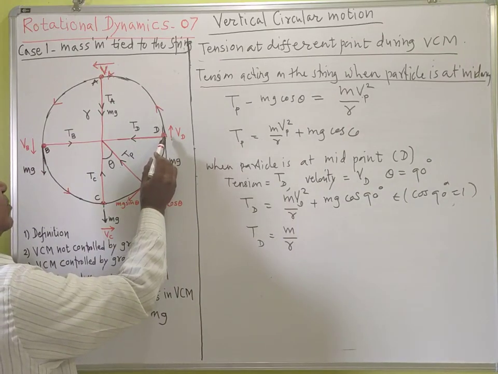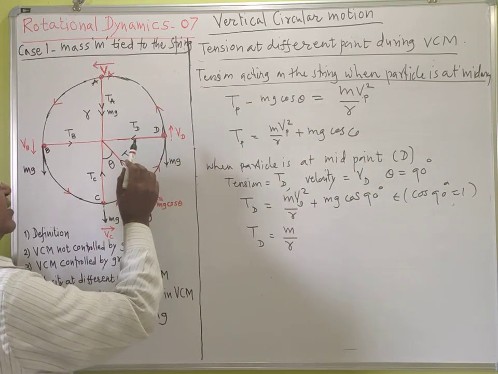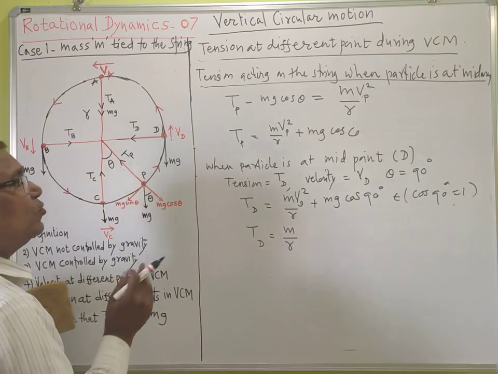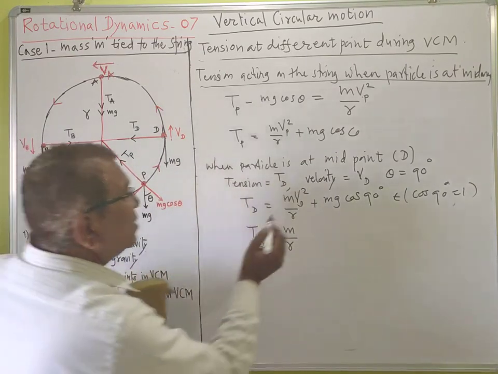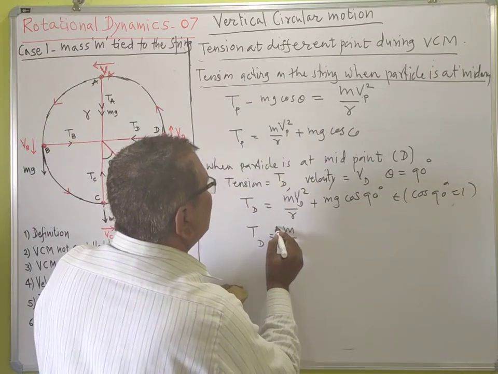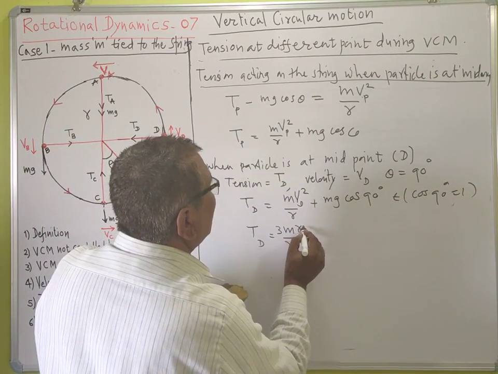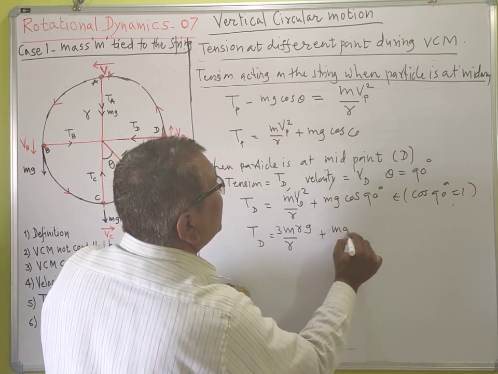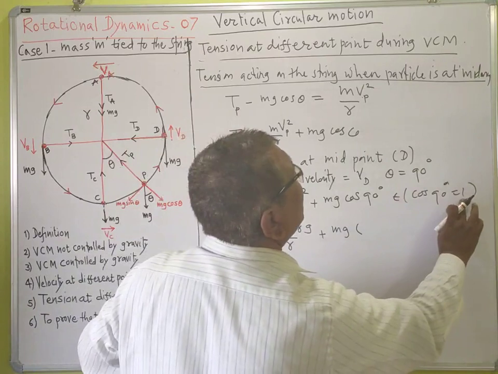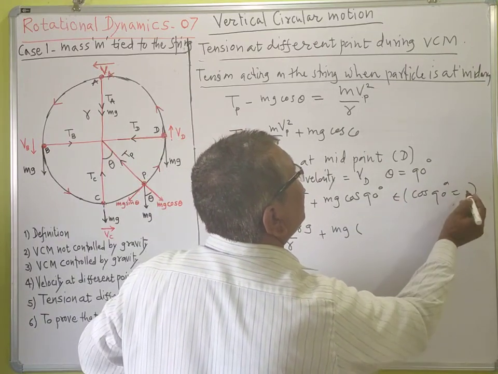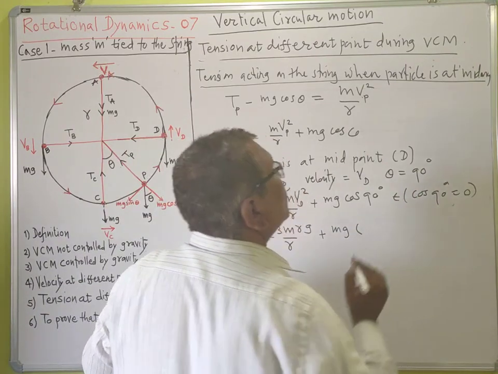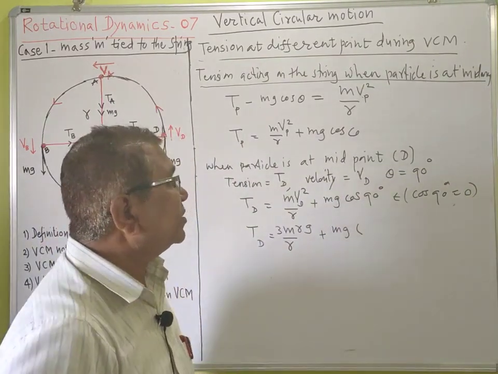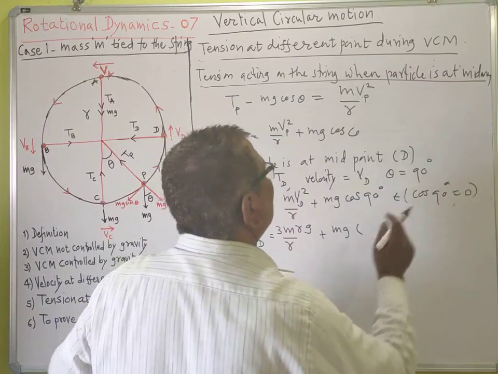The velocity of the particle at midpoint, Vd, is equal to root of 3 rg, so Vd square is equal to 3 rg, plus mg into cos 90 degrees, which is 0.